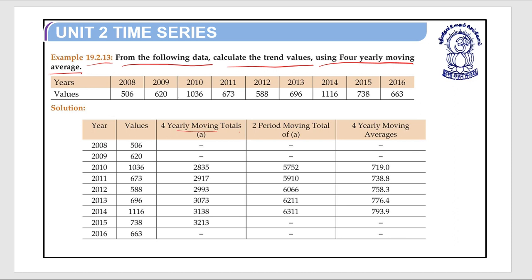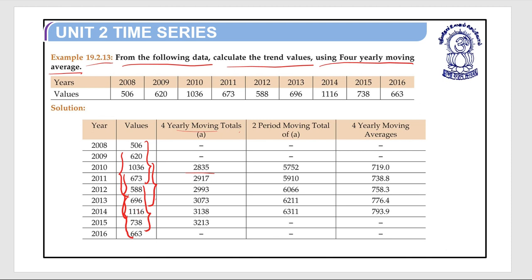The 4-yearly moving totals: 506 plus 620 plus 1036 plus 673 is 2835. In the same way, 620 plus 1036 plus 673 plus 588, then 1036 plus 673 plus 588 plus 696, then 673 plus 588 plus 696 plus 1116, then 588 plus 696 plus 1116 plus 738, and then 696 plus 1116 plus 738 plus 663.